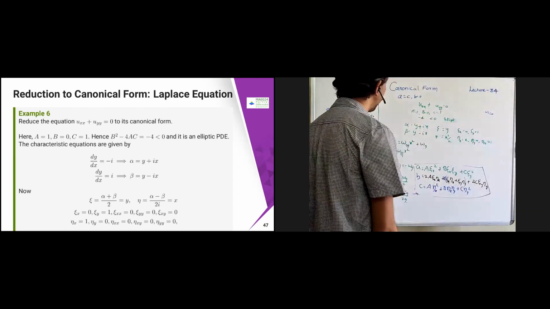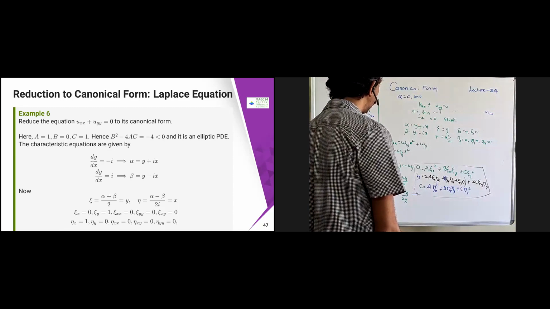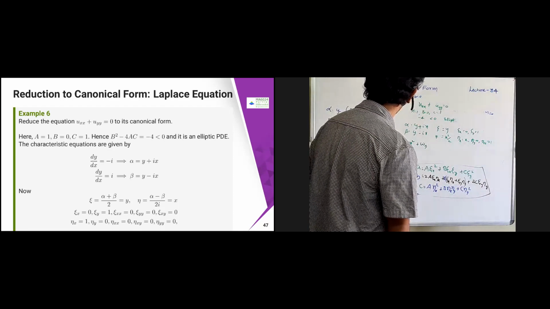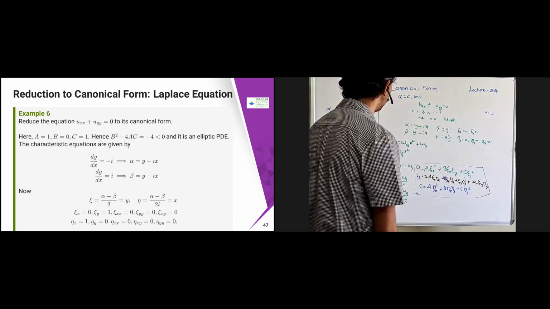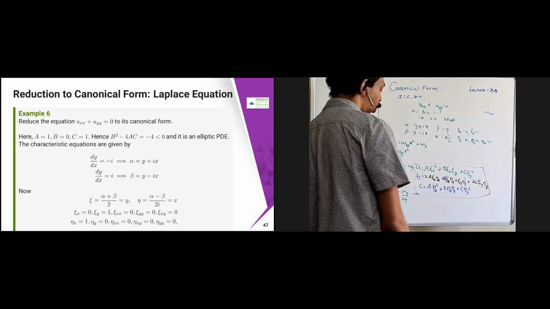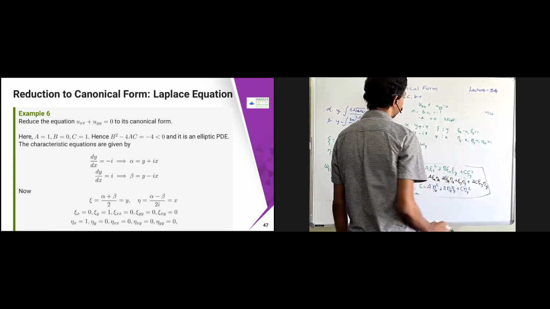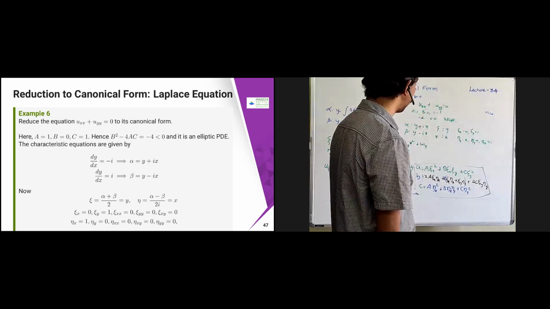So again here chi is y, chi is equal to y, alpha plus beta, and alpha minus beta is going to become 2ix. So you are going to get the answer as chi x equal to 0 and chi y equal to 1. Chi x is 0, chi y is 1. This is going to become like eta x is 1.